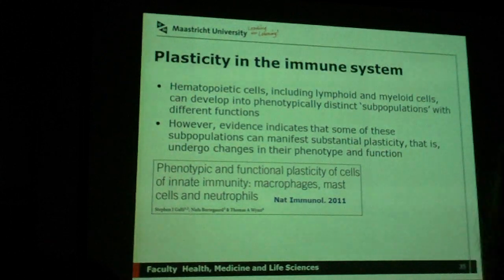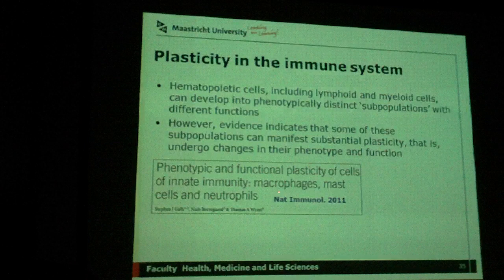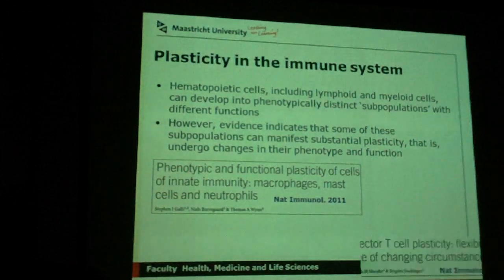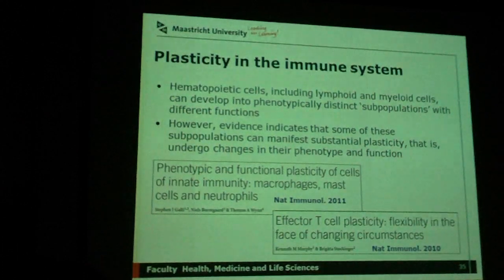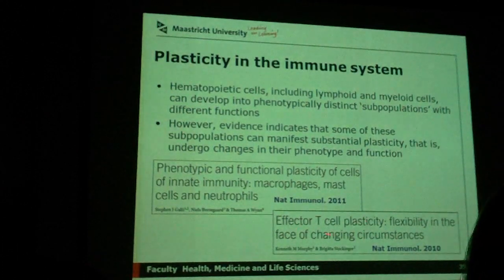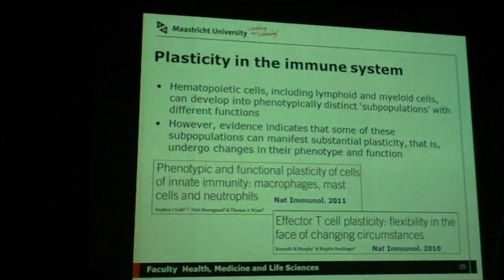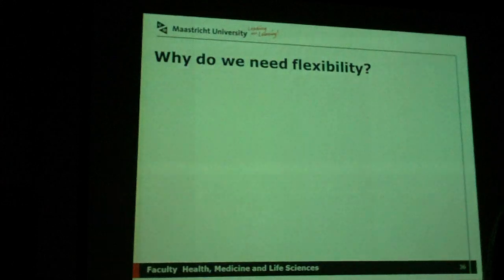But in innate cells, this was shown: macrophages, mast cells, neutrophils can still change their phenotype and function. But also in the adaptive immune system, this is the case. So T cells can change their phenotype and function under different conditions. Then the question is, why do we need this flexibility?